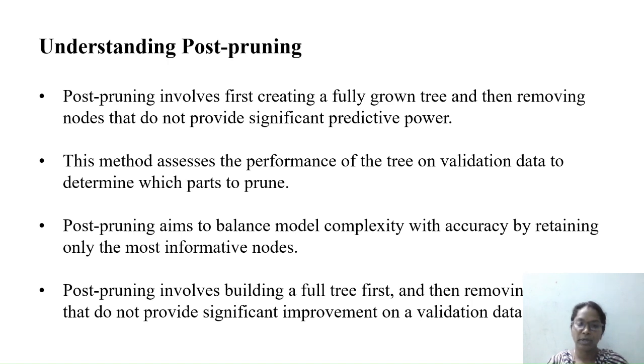Post-pruning aims to balance the model complexity with accuracy by retaining only the most informative nodes. It involves building a full tree first and then removing the unwanted nodes at the end of the tree to provide significant improvement on validation data.